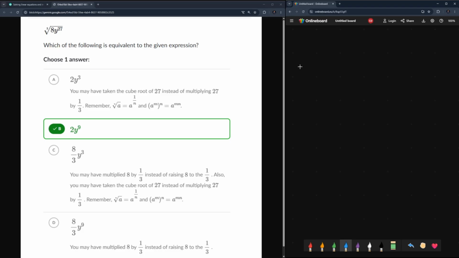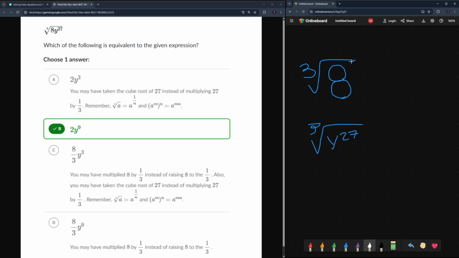So let's split them. That would look like the first part, and then the second part would look like the cube root of y^27. And so now we've split them into two equations here, right? And now we can simply solve them.